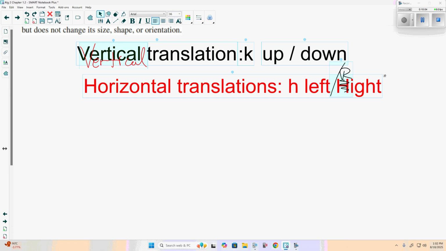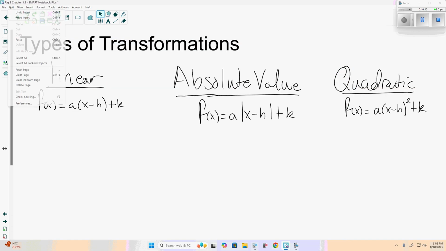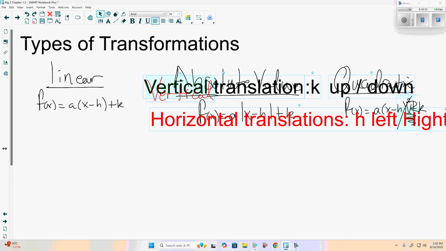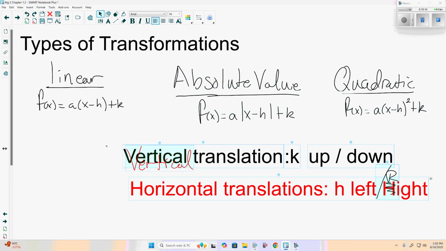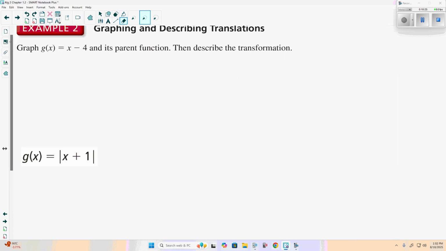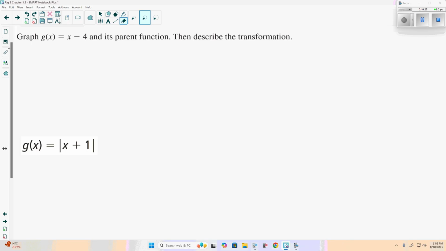I'm going to use the fact that I do have a computer. So if we look at this here, g of x equals x minus 4. We need to determine which parent function this belongs to.